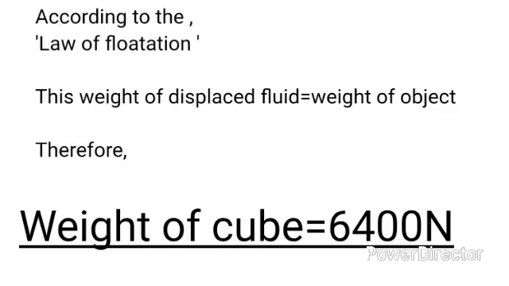Now, how do we use this value 6,400 Newton? Remember, according to the law of flotation, the weight of the fluid that is displaced is equal to the weight of that object. It therefore means that 6,400 also qualifies to be the weight of that particular cube.